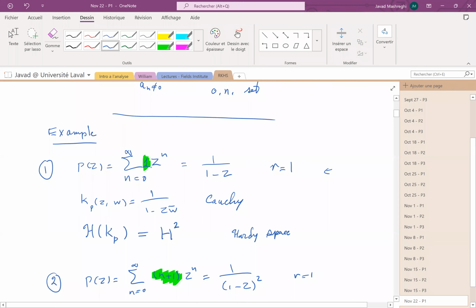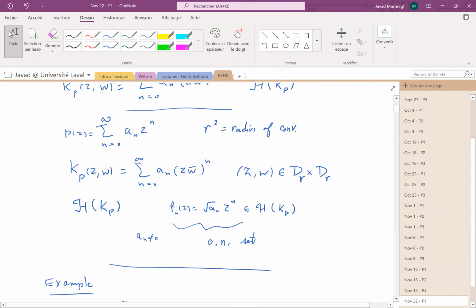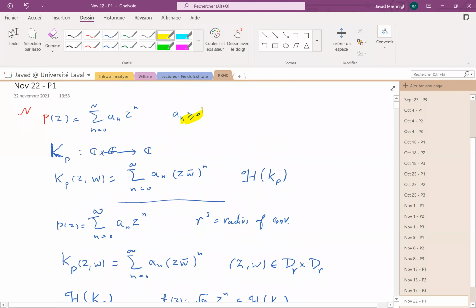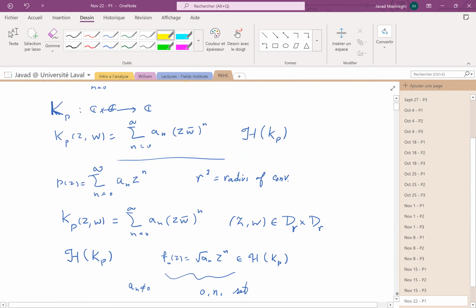So the good thing about this approach is its simplicity, anything positive, any AN positive, gives you a kernel, and based on that kernel, you can construct your space.